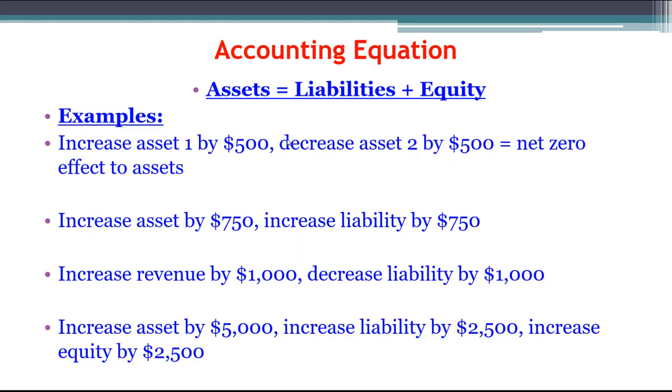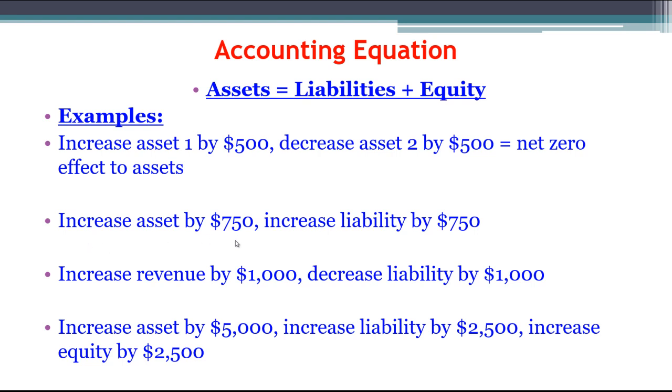Now what we're going to do is run through some examples here, and I've restated the accounting equation up here. So we increase asset 1 by $500, decrease asset 2 by $500. Maybe it's cash and accounts receivable. Whatever the case is, the point is it's a net zero effect to assets, so we would not expect anything on the liability and equity side there.